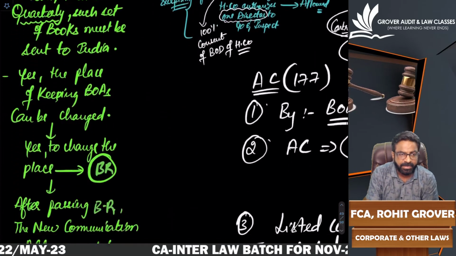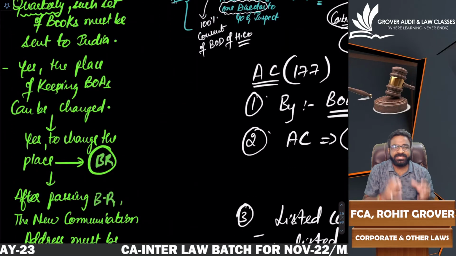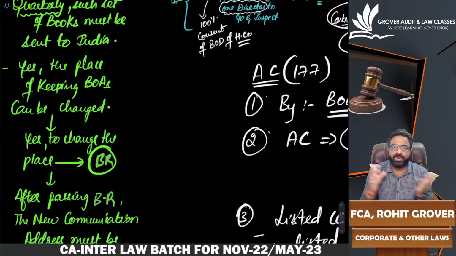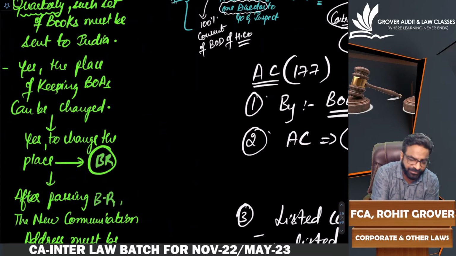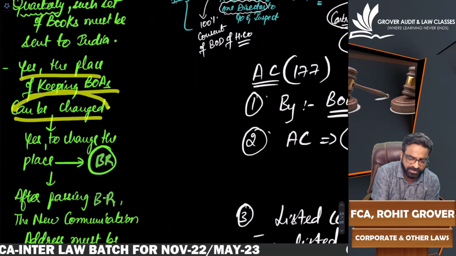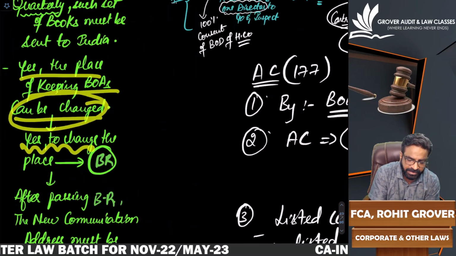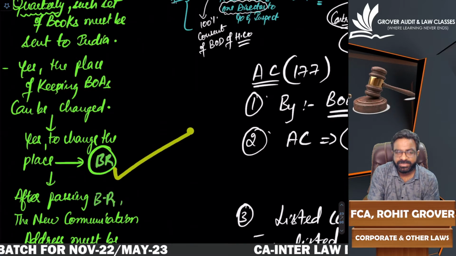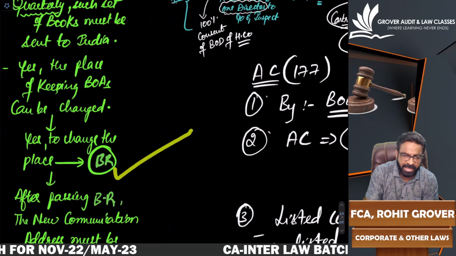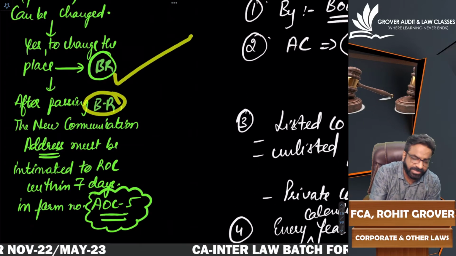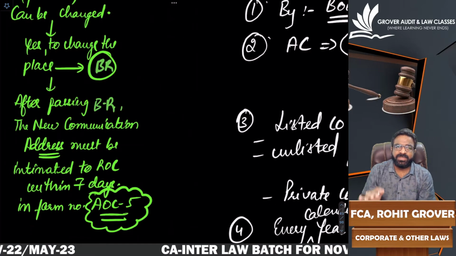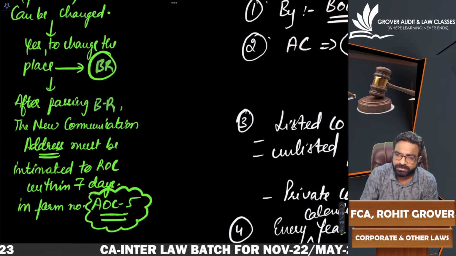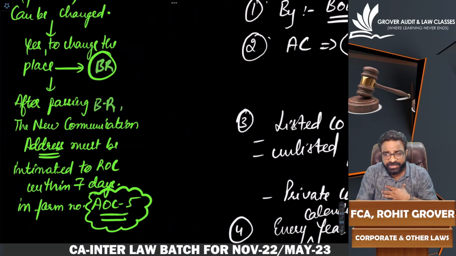Next one. Now, I want to change the place of keeping my books of accounts. Can I shift the place of keeping of the books of account? Answer is yes, but you have to pass which resolution? Board resolution. And after passing the board resolution, think logically, whether ROC knows the new place or not. No, we shifted.